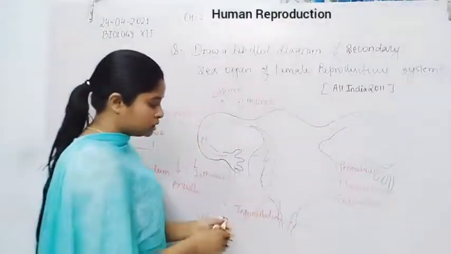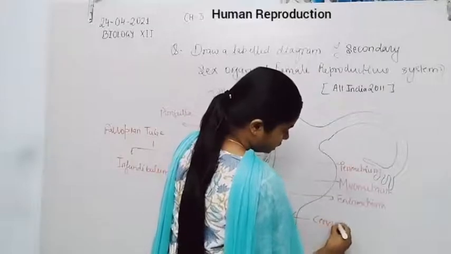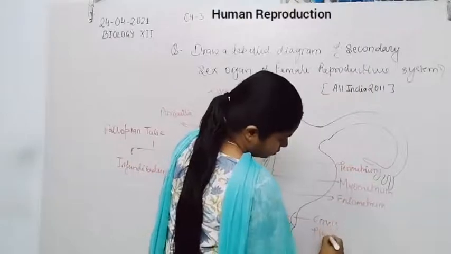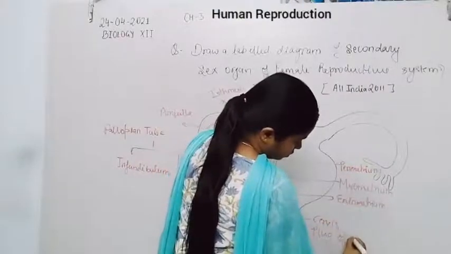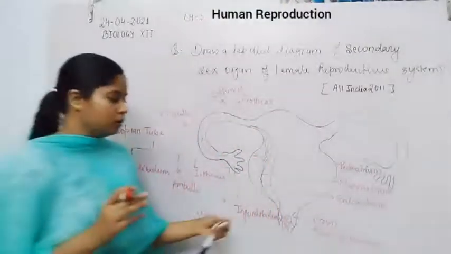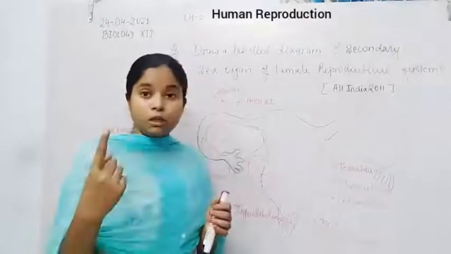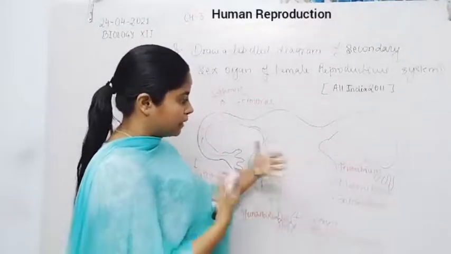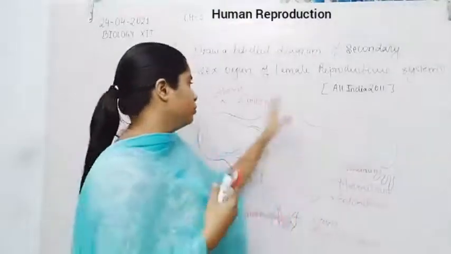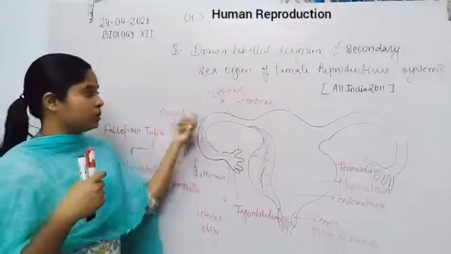Now the rest is the cervix. The final is the cervix, which is covered by a plug of mucus. The plug of mucus is released only once during a month, when the ovum is transmitted into the fallopian tube at the region of the ampulla or isthmus junction.